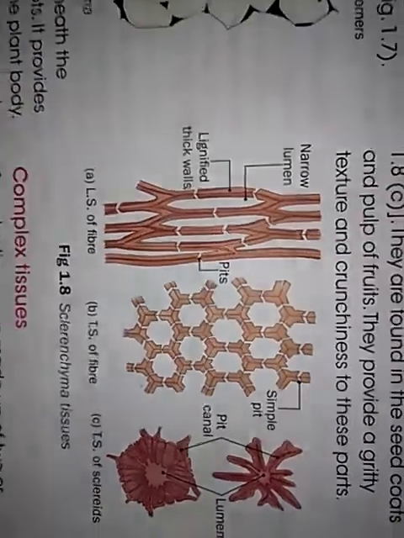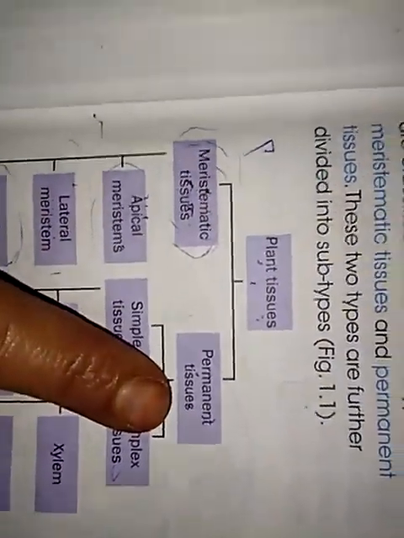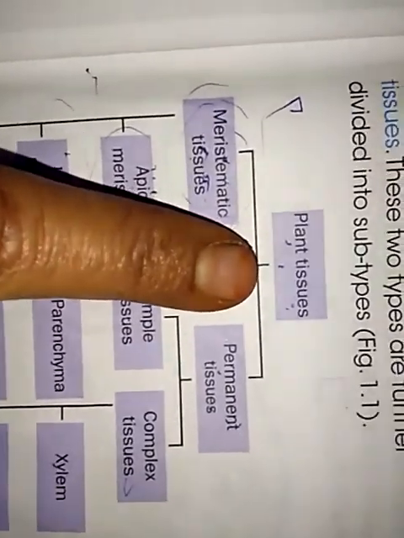Plant tissue is divided into two types. That is meristematic tissues and permanent tissues.